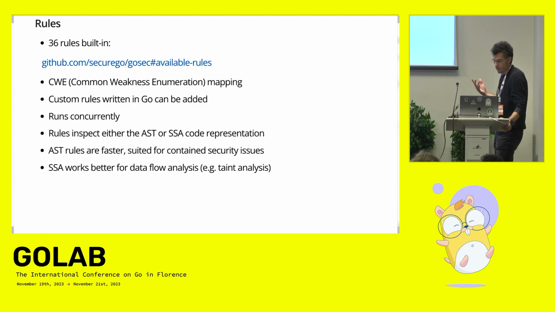But when you have a call graph which goes across multiple functions, with AST it's quite difficult to find the issue. Especially when you want to track back a source from a data. So if you want to do some data flow analysis and really find from where this data is coming from, so something like taint analysis is really common. In that situation, SSA is much more suited. So we will see in a minute.